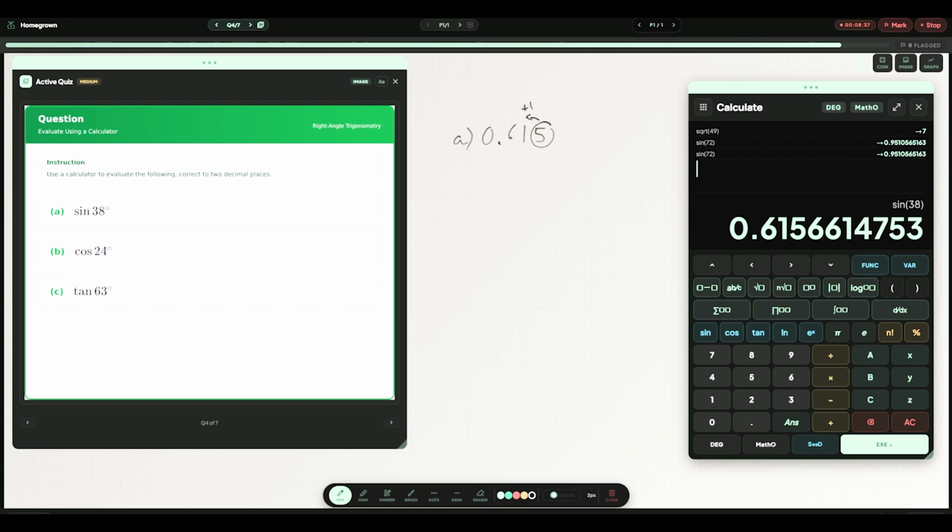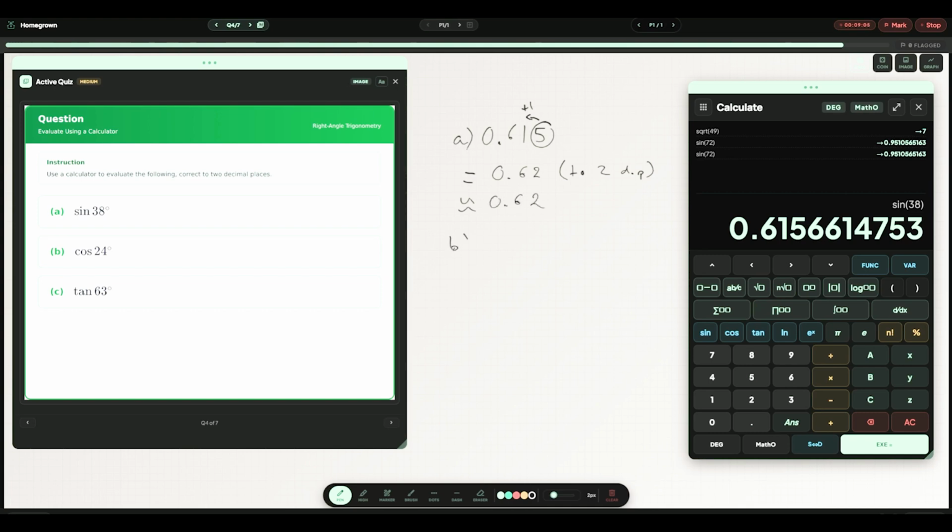If it was 4 or lower, we would leave it as 0.61. So this is equal to 0.62, and you can write "to two decimal places." You can also write it's approximately equal to, with these little squiggly equals lines, 0.62.